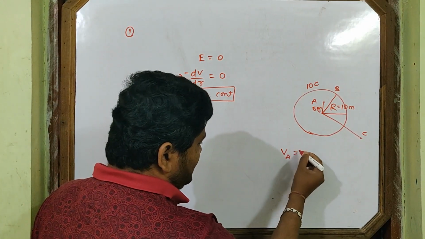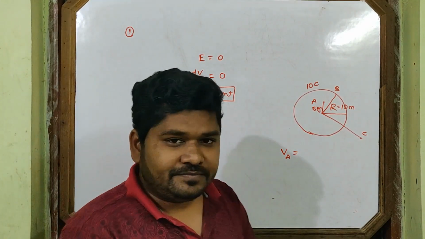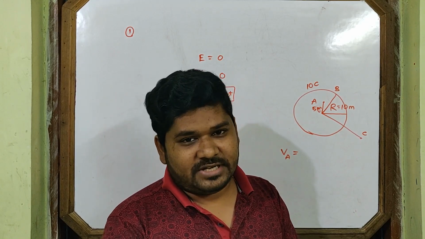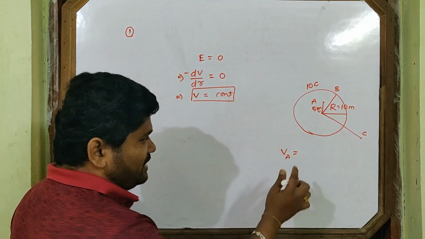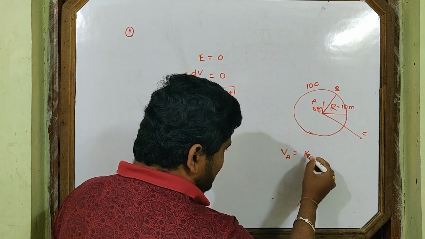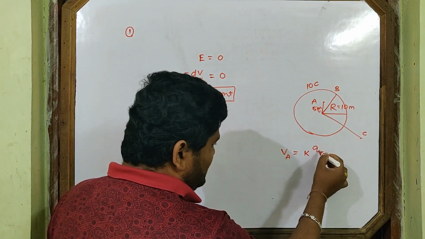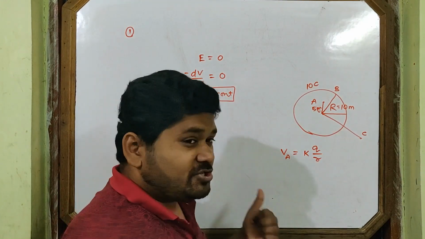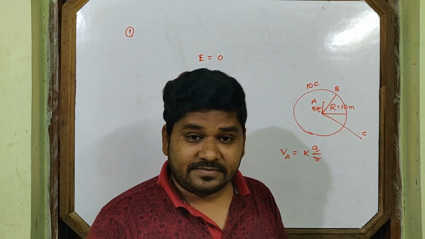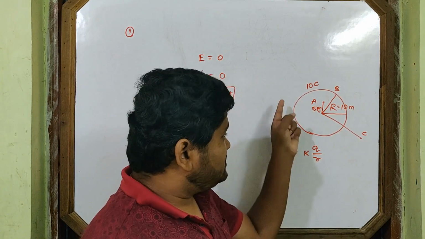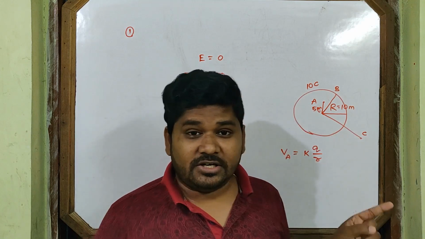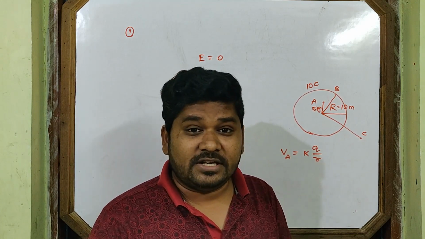What is the expression of potential at point A? The potential at point A is KQ by R. You write the expression just like for a point charge, because charges present on the surface of the conductor behave as if they are present at the center.